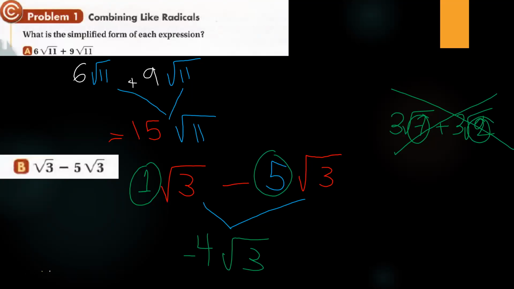Now let's do this one here. Got it 1. What is the simplified form of each expression? A. We have 7 square root of 2 minus 8 square root of 2.